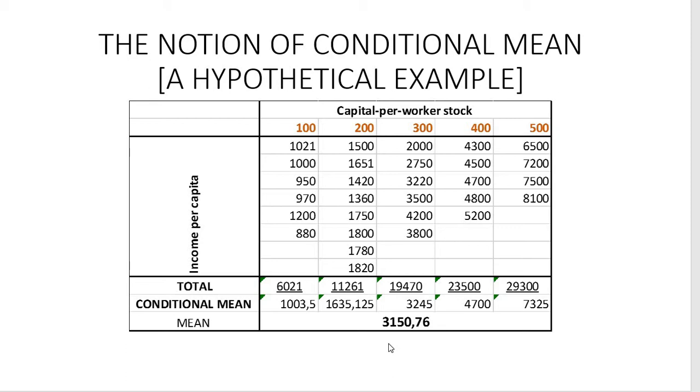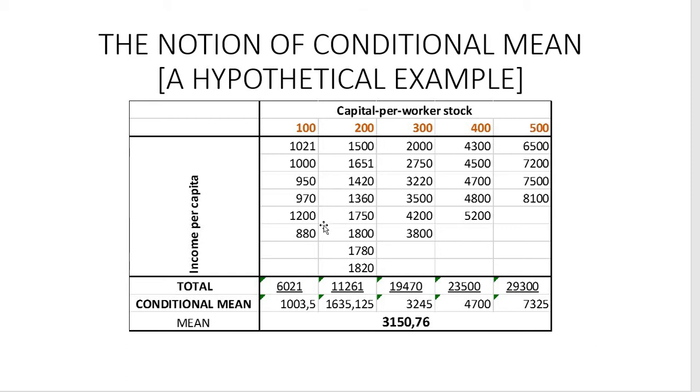However, this is not what we are interested in. We want to see how capital per worker stock determines the value of income per capita. In order to do this, we have to calculate the mean of income per capita for each level of capital per worker stock.